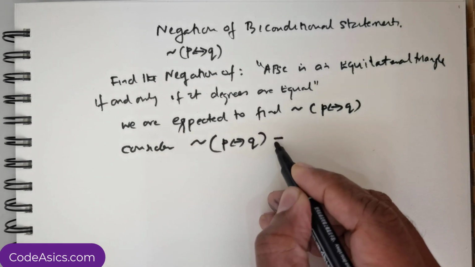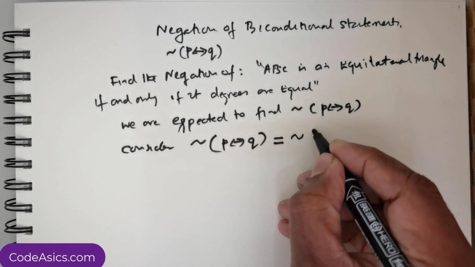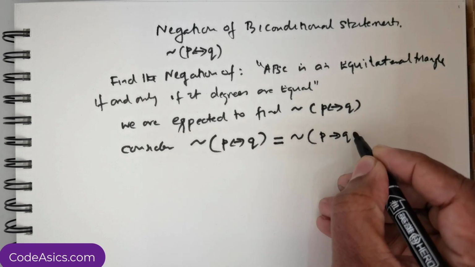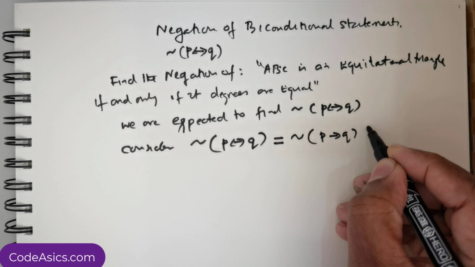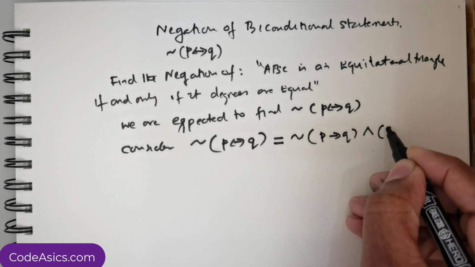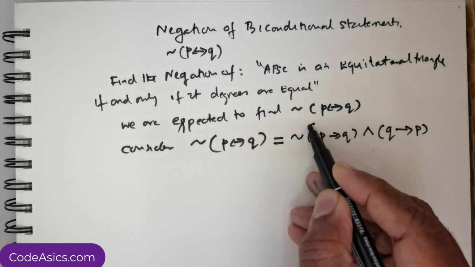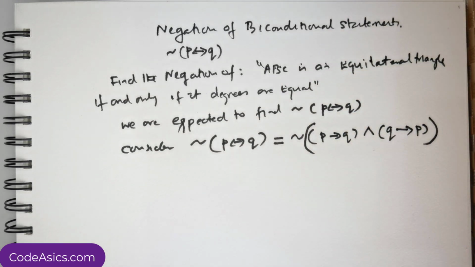Now this can be rewritten as, I have explained to you, the biconditional means you have P conditional Q, and this is in conjunction with Q conditional P. But this entire thing is under the negation operation.